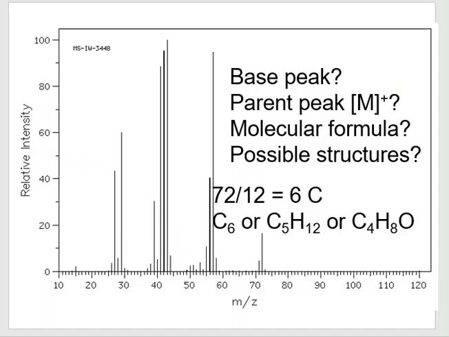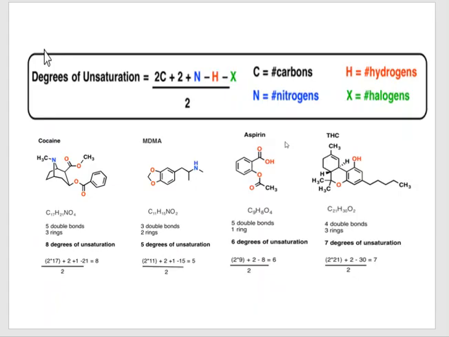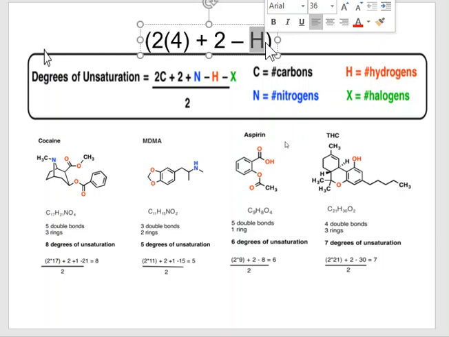So if we look back here, for this one, we have C4H8O. Plugging into this equation, we have 2 times 4, because we've got 4 carbons, plus 2, minus hydrogens. We just ignore the oxygen, and then we divide this whole thing by 2. Our number of hydrogens, what did we say? That was 8, right?